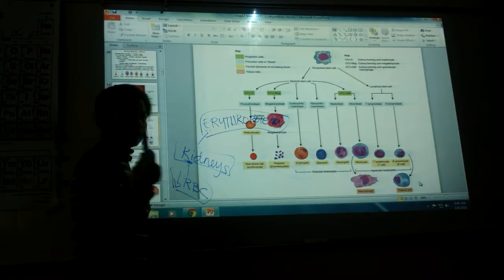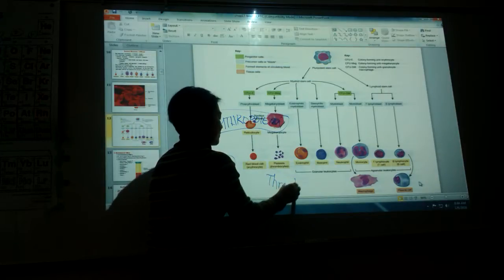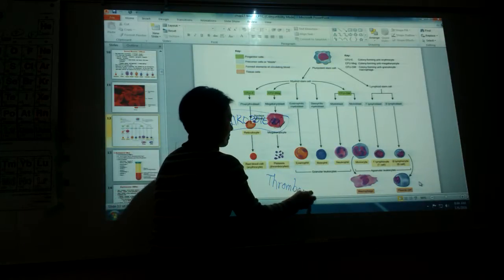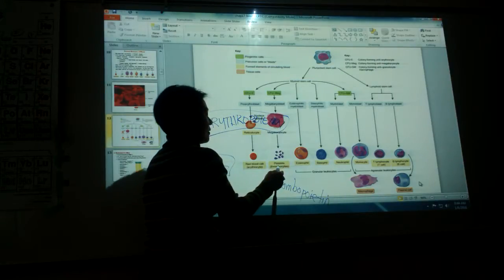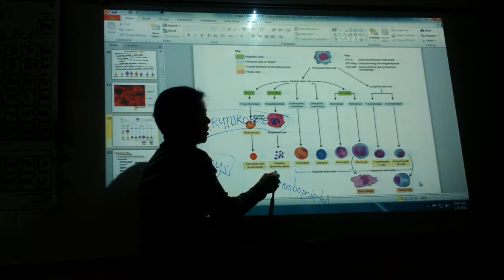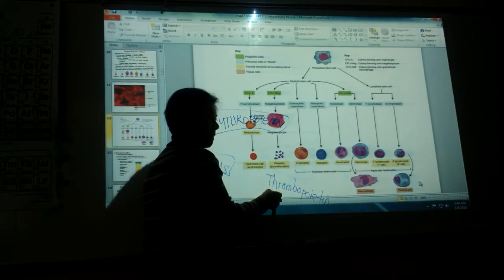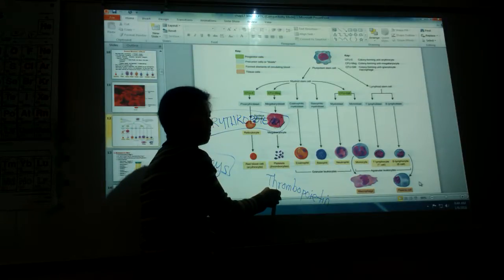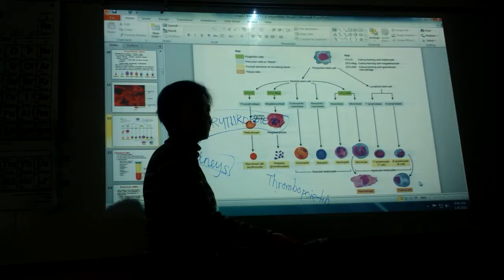How about if I have a cut? The hormone is called thrombopoietin. You know, platelets are also called thrombocytes. So the hormone is called thrombopoietin. You may wonder, what part of the body secretes this? The cells that were cut.